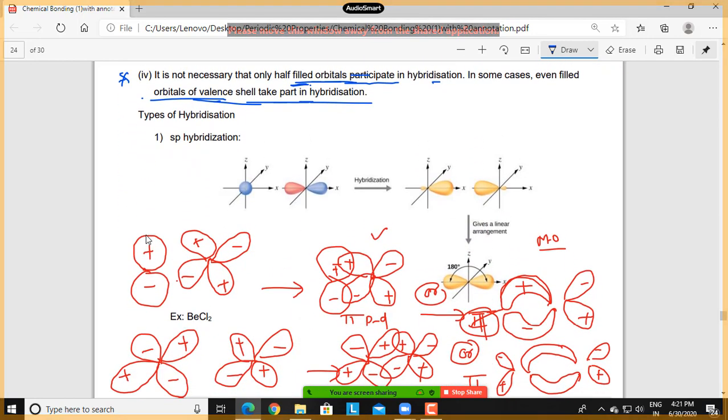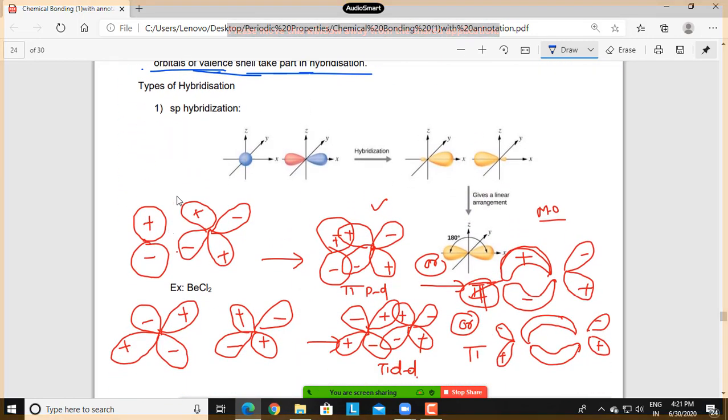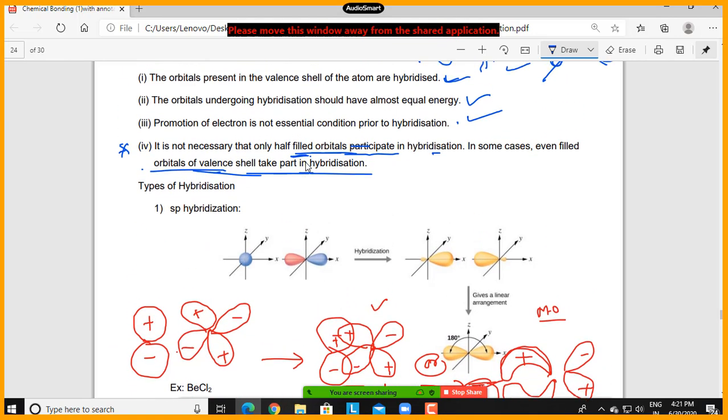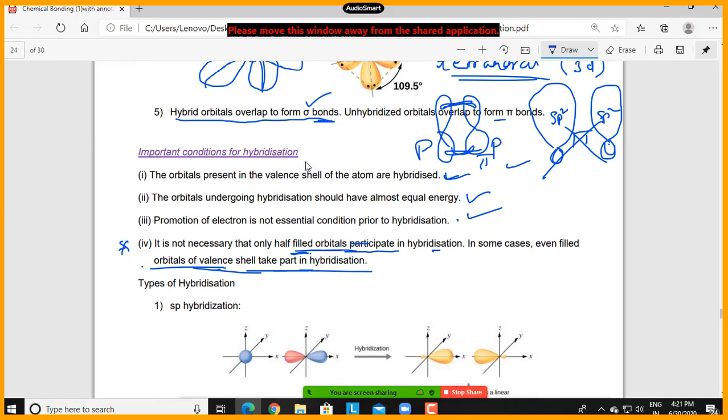Okay. Next, see, sp hybridization. How does it occur? Sp hybridization means one s will mix with one p. Which p will be mixed? In sp hybridization, you can mix px or py or pz.